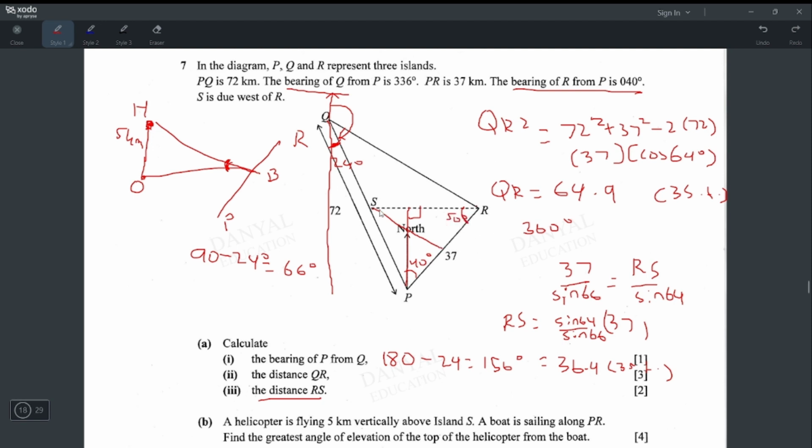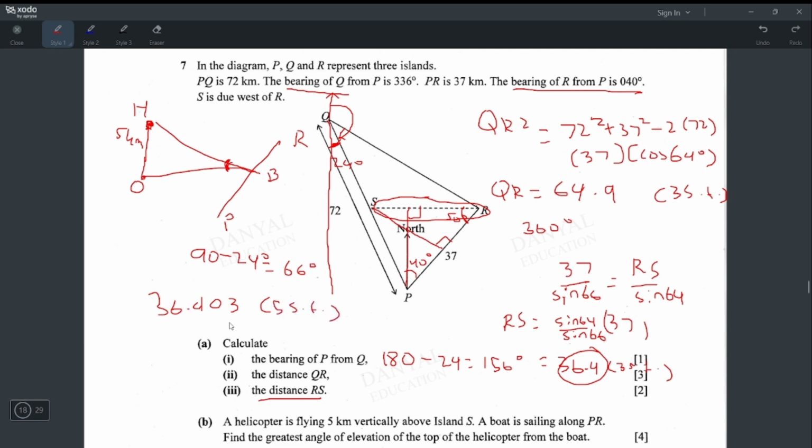And notice earlier that we said that this is also perpendicular. And we also know the value of this RS. So we're going to use the more accurate version of this. So don't use 36.4. We're going to use the more accurate version, which is in 5 significant figures. That should be 36.403, and this is 5SF.